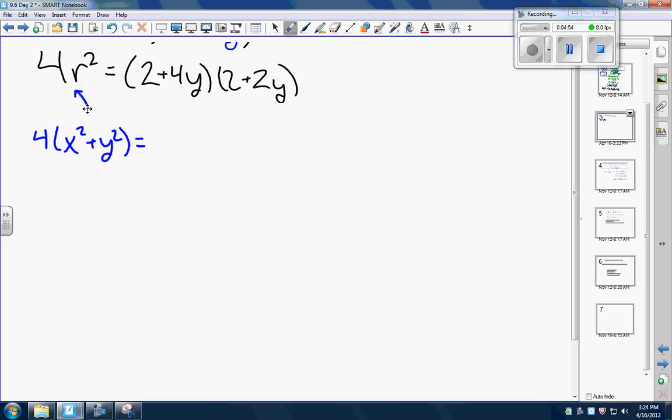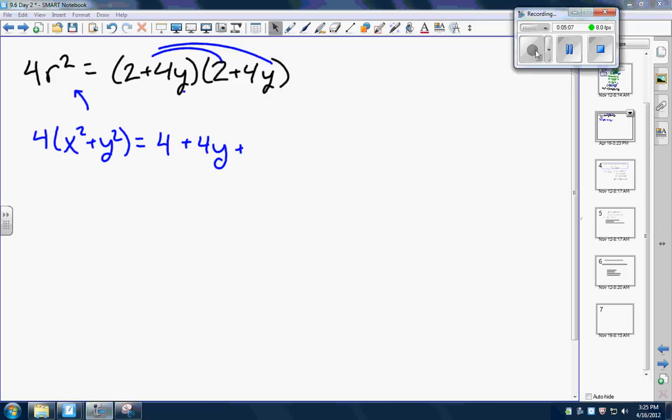Double distribute this right side. Sorry about that, I copied that wrong. Now it's all fixed up. We should be good to go.